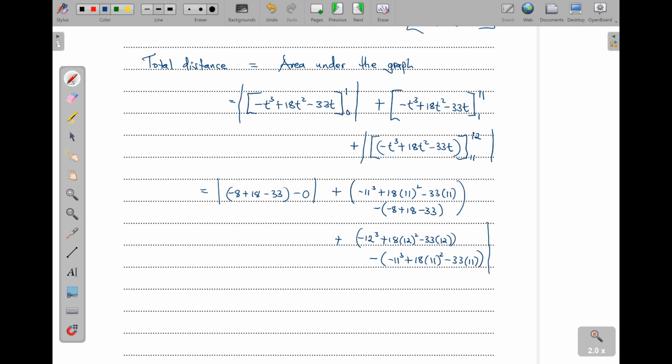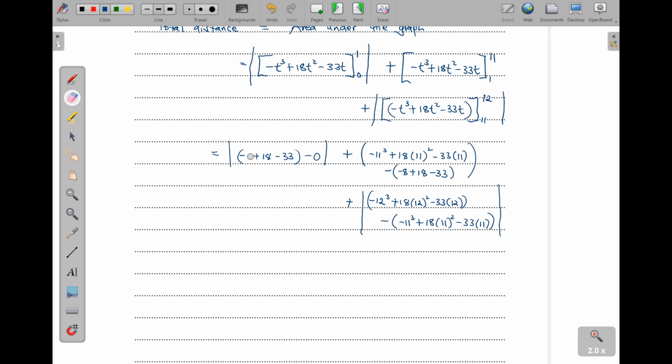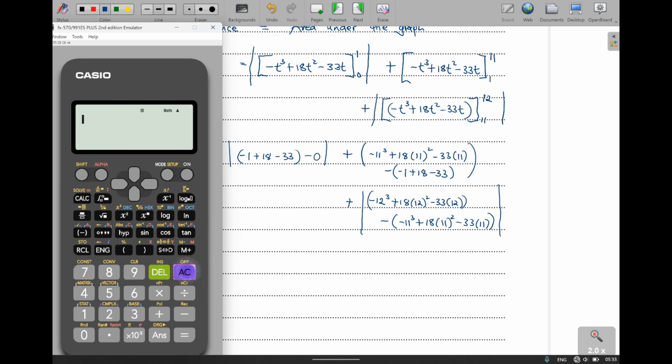And then we need to put it in the modulus signs. So what do we get when we put this in the calculator? Actually here I'm having negative 1, not negative 8, negative 1. The same thing here, pardon me, negative 1. Now we can put everything in the calculator. So what do we get?